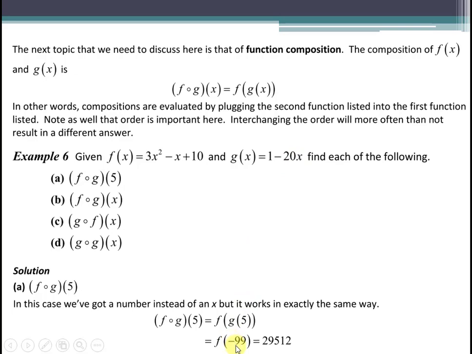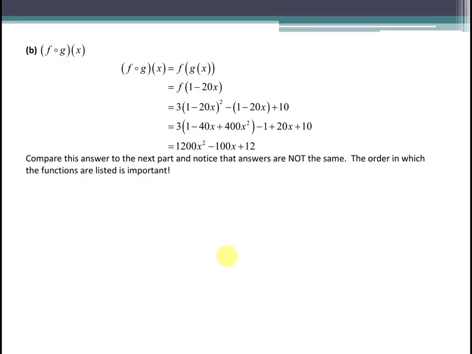It is minus 99. So now we should find f of minus 99. We should put minus 99 instead of x. After computing this expression, we have the answer 29,512. This is the composition of f and g, two functions.